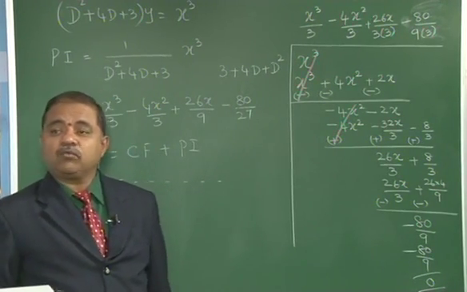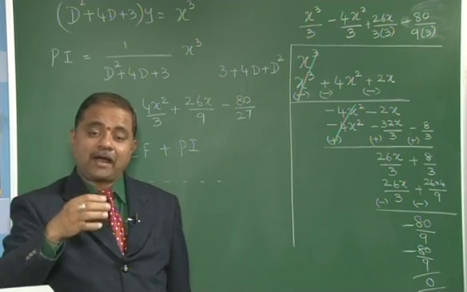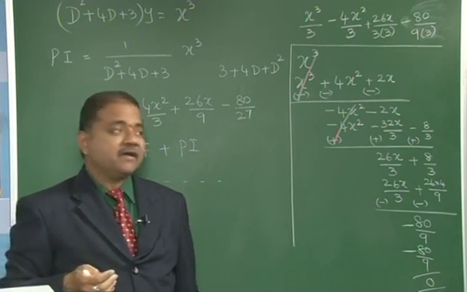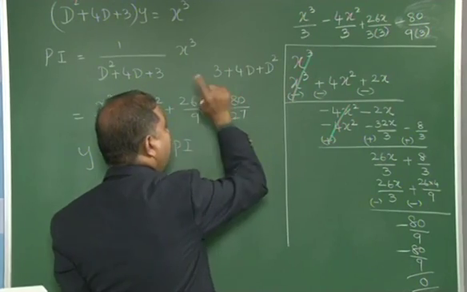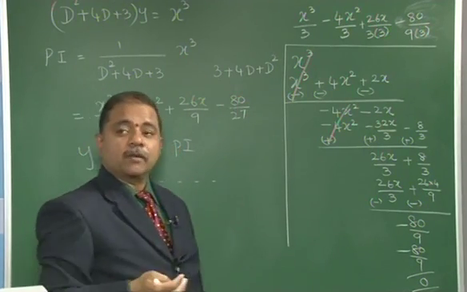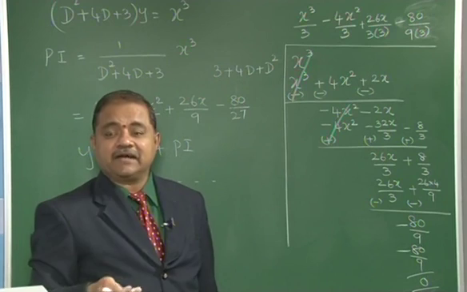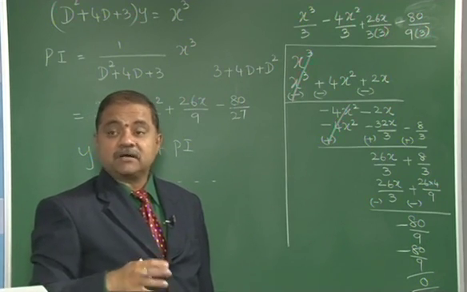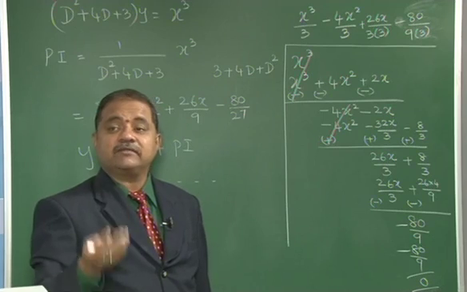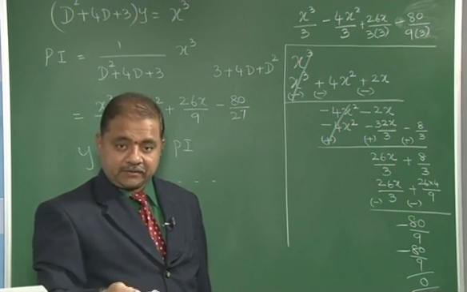Very important, one more idea of this problem. See, to do the division, I must have the constant term. You must have the constant term, otherwise you cannot do the division. Suppose the constant term is not there, we can integrate it.